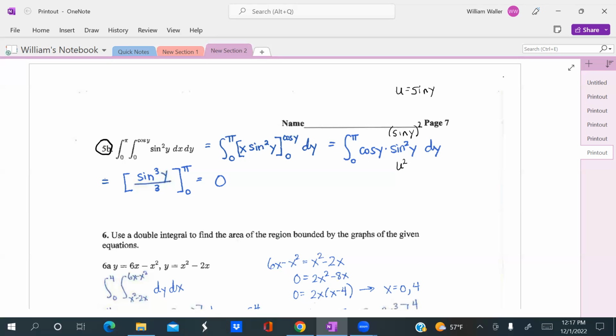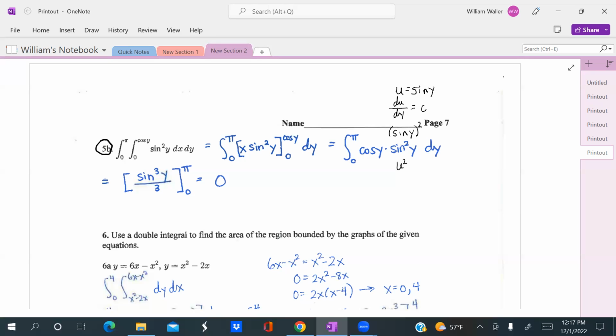But before we actually integrate, I have to make sure that I deal with changing the variable of integration, from y to u. The way you do that here is, in your substitution u equals sine y, compute the derivative of u with respect to y, in other words du dy.